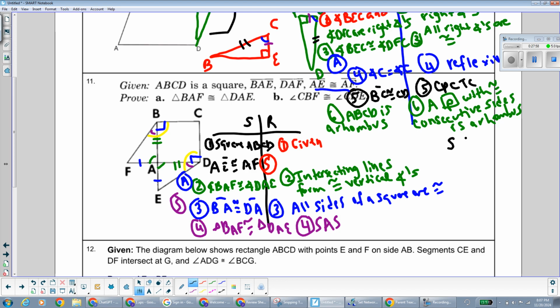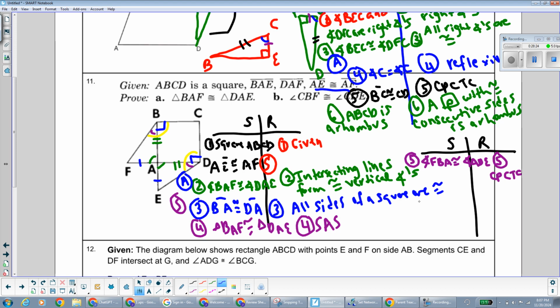So we can use the addition postulate, the addition property, whatever you want to call it, addition. Let's write out that addition. I'm just continuing my statement reason chart over here. I'm going to continue it with step number 5. Angle FBA is congruent to angle ADE. And that's due to CPCTC.